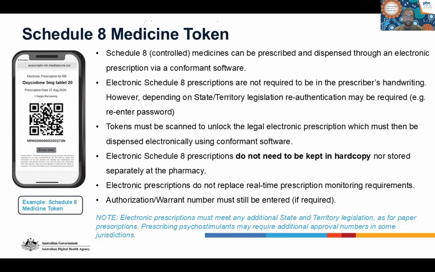This number must be included in the electronic prescription as a separate field or can be put into the note to pharmacist section. A pharmacist would not be able to dispense such a medicine if the required authority and permit number is missing. Electronic prescriptions, like paper prescriptions, must comply with any additional state and territory rules as well.